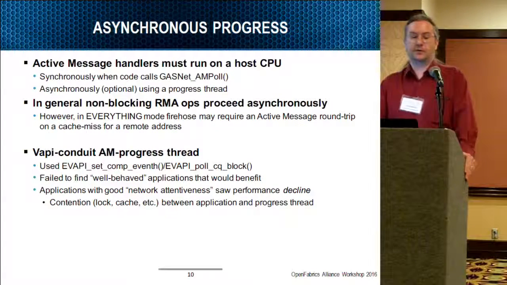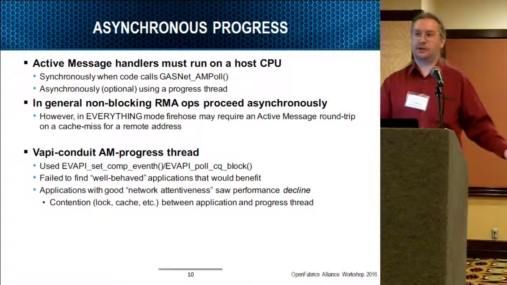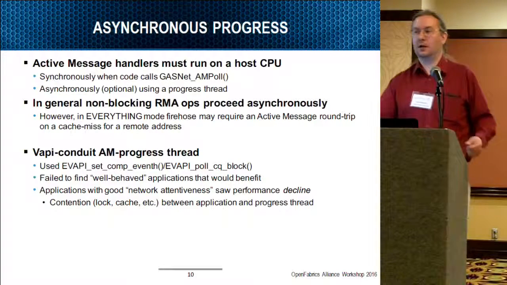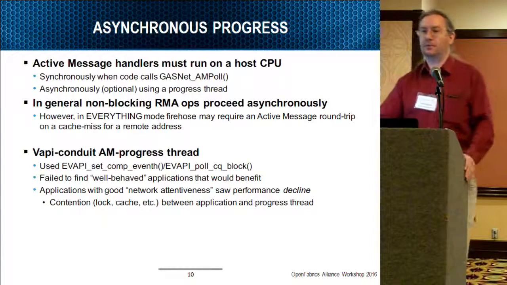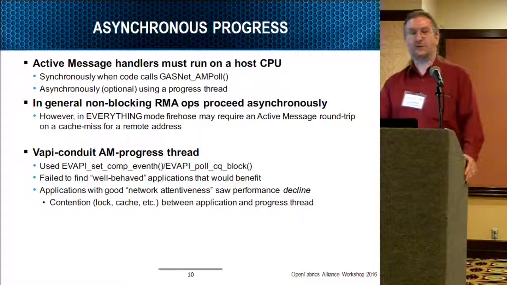Very few things that we had in terms of applications were inattentive, that is, not making calls to GASNet AM poll or their GASNet calls enough that this was a good improvement. In fact, what we found is that for applications with very good network attentiveness, it tended to slow things down. Contention, either for the CPU itself, but more commonly for locks, caches, et cetera, between the application and the progress thread. It just didn't work out so well.